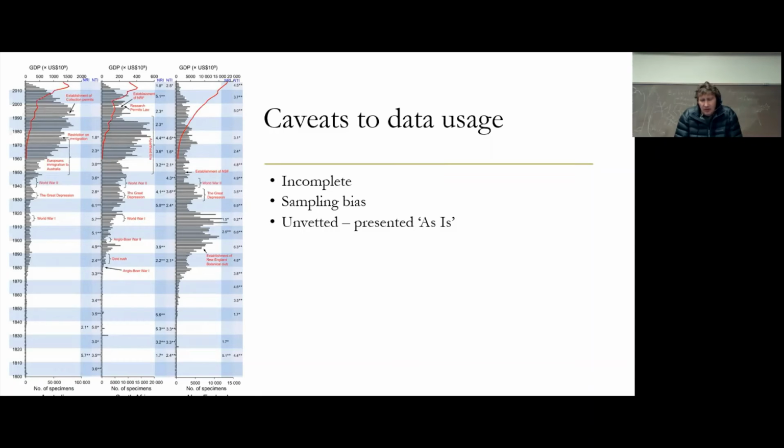Invariably, there's going to be a sampling bias. If you look at the representation of different species in the herbarium collection here at USC, you will find that apparently Richland County is the most floristically diverse county in the entire state. And that's because it's our backyard.